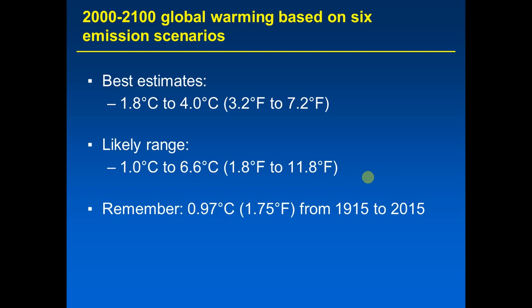So if we just look at the best estimates, the most likely range, we are talking about a near doubling of what the warming was in that 100-year period, for 2000 to 2100, okay? Possibly 4 times as much, okay?